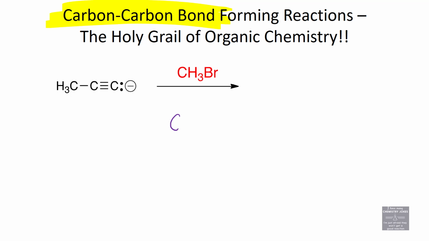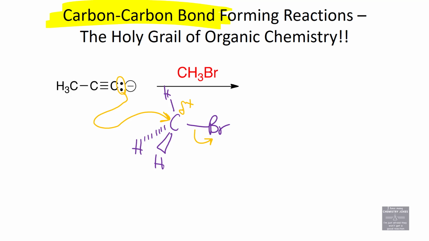We really love reactions that make carbon-carbon bonds, and this is the first one that we will talk about. This reaction takes the alkyne carbon that you have deprotonated, that is my nucleophile, and I attack the carbon that has a halogen on it, because the carbon with a halogen is partially positive.